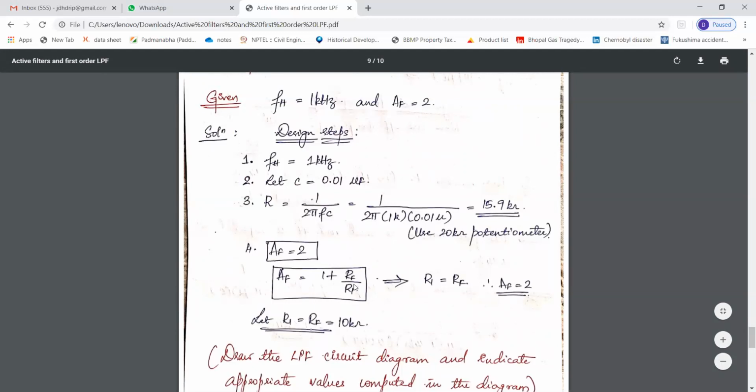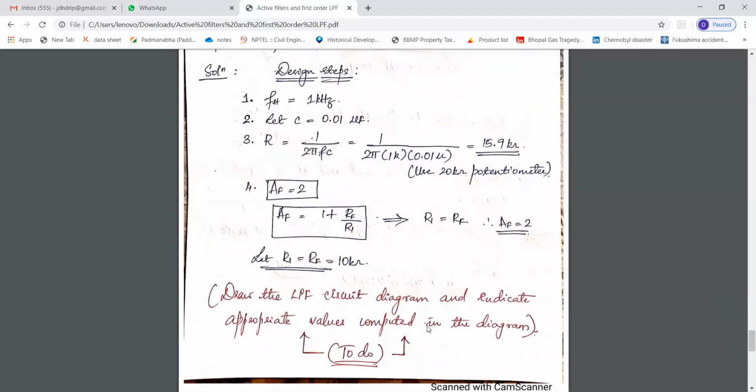So this RF by R1 should also be equal to 1 for AF to be equal to 2. So R1 should be equal to RF. We will choose it to be equal to 10 kilo ohm.